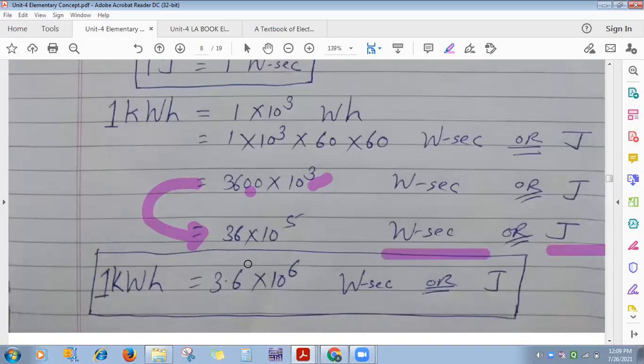Now to make it easy, see here 6 is there, here 5 is there. So better way, both digits we can make 6. How? Rather than 36, if I write 3.6, then it will be into 10 to the power 6. Okay, so this one you keep in your mind. 6 becomes easy, no confusion. So better way 3.6 into 10 to the power 6.